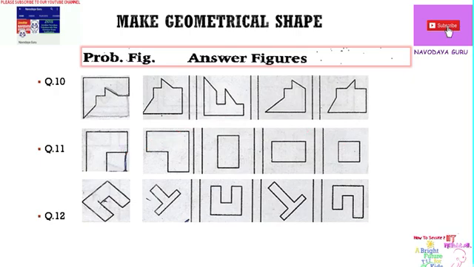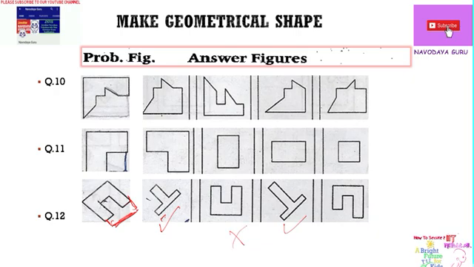Let's go to question number 12. We can see that when we draw the incomplete portion, we find that the shape is like a T shape. We have two figures in option 1 and option 3 which are matching.